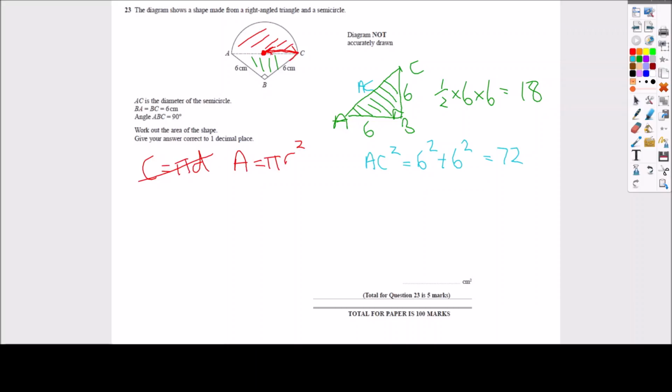So AC squared equals 72. So AC equals the square root of 72. Pop that into your calculator. Square root of 72, and we get 8.485. Now leave that in your calculator for now. Don't go and lose that. Now that's the length of AC.